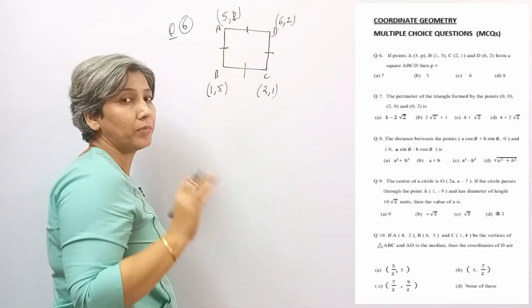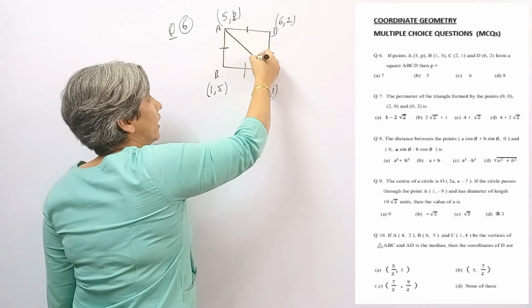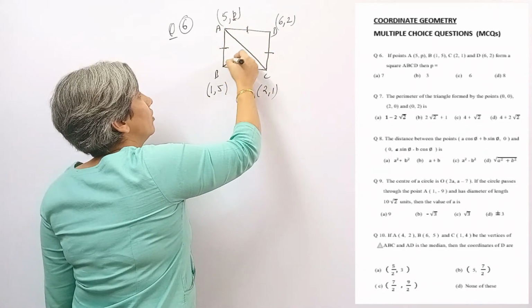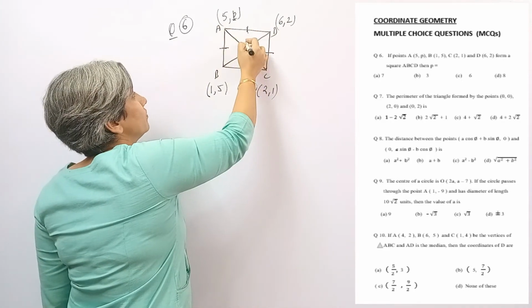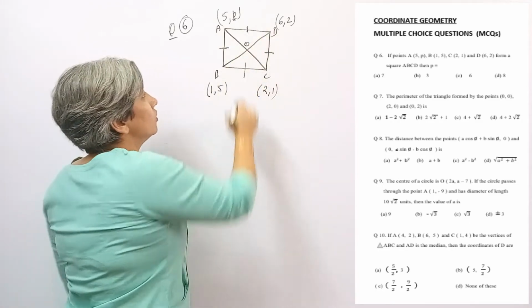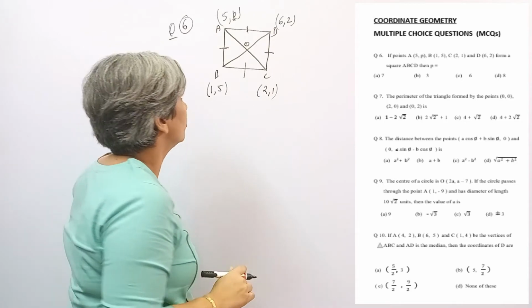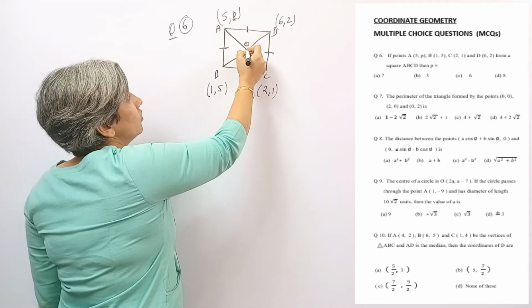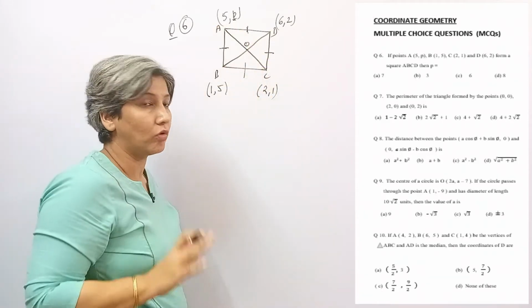Since a square is also a kind of parallelogram, we know the diagonals of a parallelogram always bisect each other, right? That means AC is bisecting BD. So O is the midpoint of BD and also of AC. So we have another way. We'll find the coordinates of O using the midpoint formula.